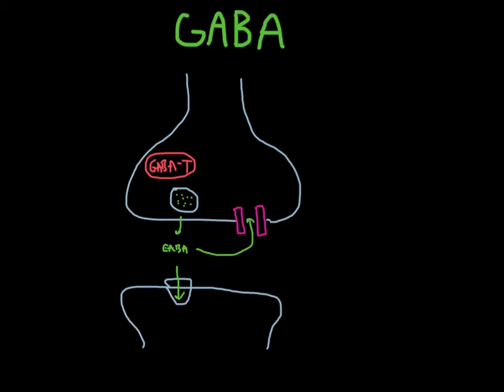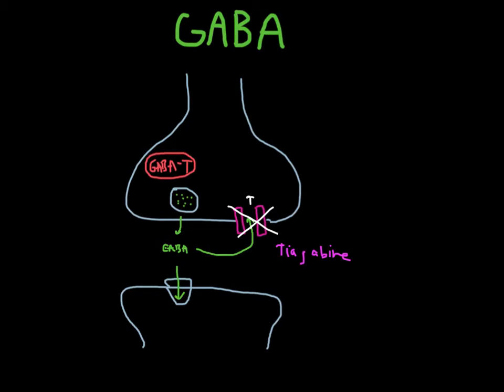And this is a potential target to increase the synaptic concentration of GABA. So one potential target is a drug known as tiagabine, and it's going to bind to this transporter here, and it's going to block the pathway of GABA into the presynaptic neuron. So this is obviously going to increase the synaptic concentration of GABA.